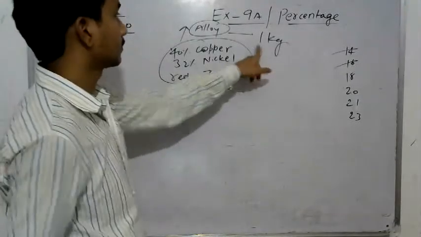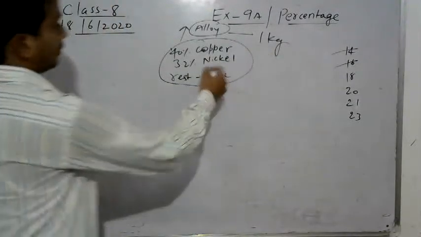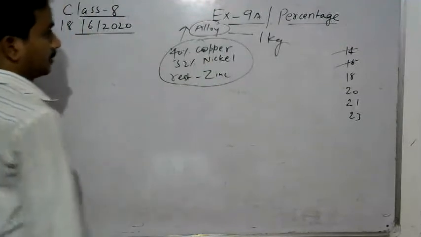If the mass of the alloy is 1 kg, we have to find the mass of zinc.